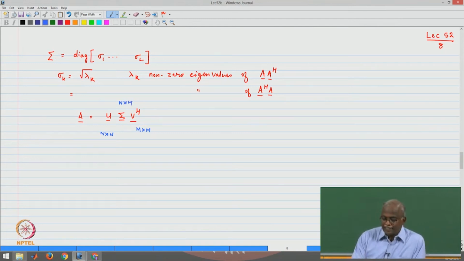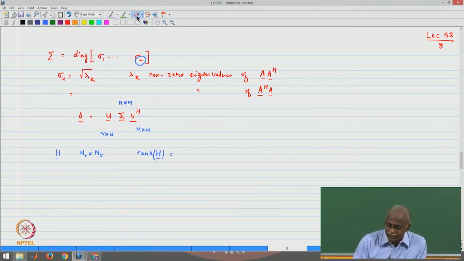Basically, we have used a term L, and L is related to the rank of the matrix A. If you look at our matrix H, this has dimension nr cross nt, and we can make the statement that the rank of H has to be less than or equal to the minimum of nt and nr.